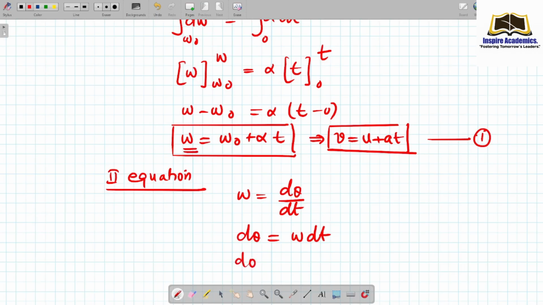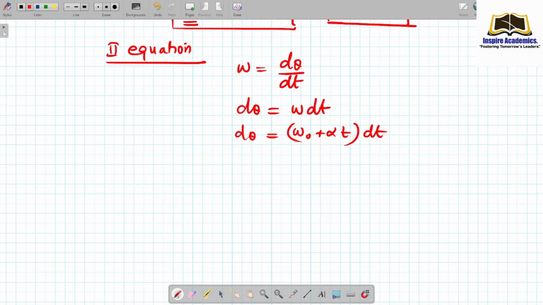So d theta would be omega naught plus alpha t dt. Yes, agreed. And if we integrate d theta, कहाँ से कहाँ तक? Let's say initially theta was 0 and finally it was theta. We already discussed, and this will be 0 to t omega naught plus alpha t dt.